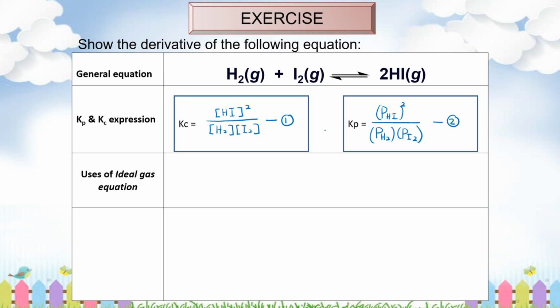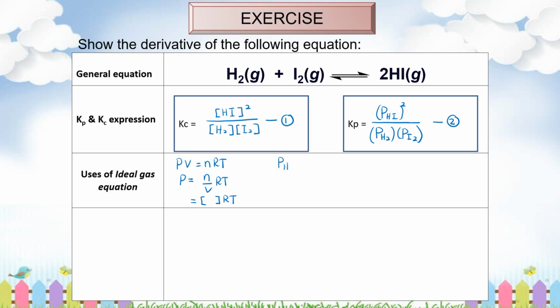By using the ideal gas equation PV = nRT, rearrange to P = (n/V)RT, where n over V is the concentration. Referring back to the Kp expression, equation 2, there are three partial pressures, and you relate each to the ideal gas equation.